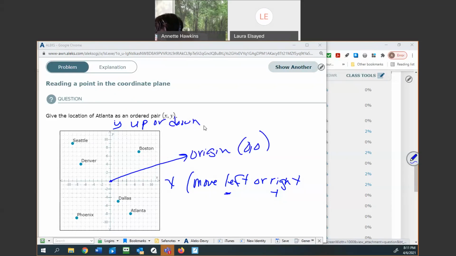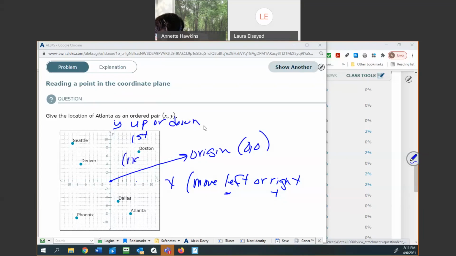This is 0. When we move to the right, see those positive numbers. When we move to the left, we have negative numbers, okay? So 1, 2, 3. When we go up, those are positive numbers. When we go down, those are negative numbers. And this is called the first quadrant. To get into the first quadrant, we go right and up.